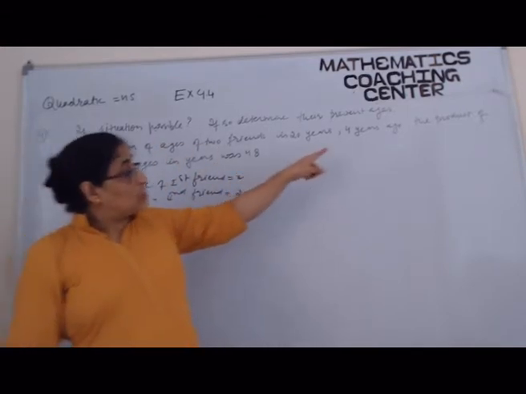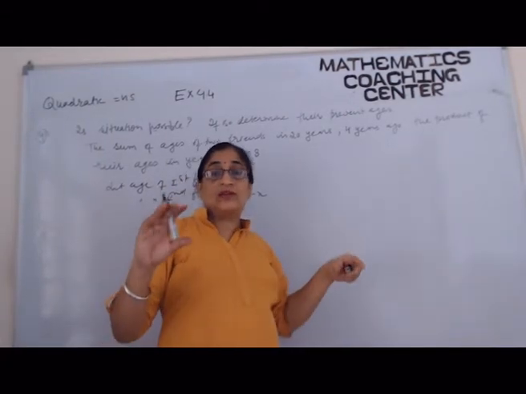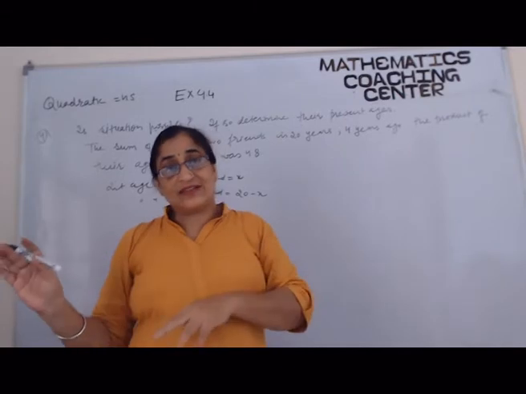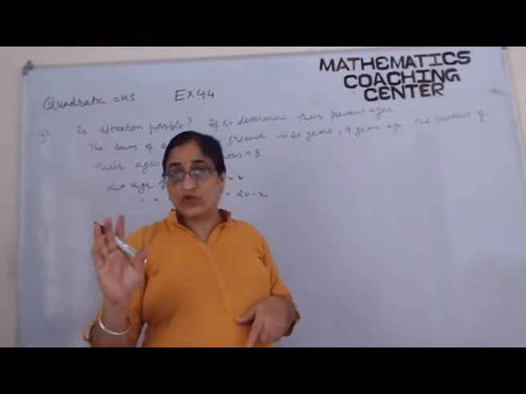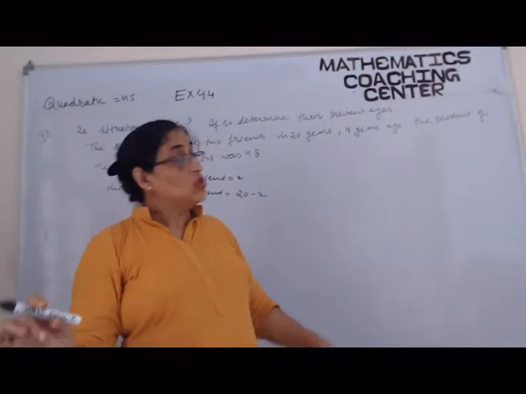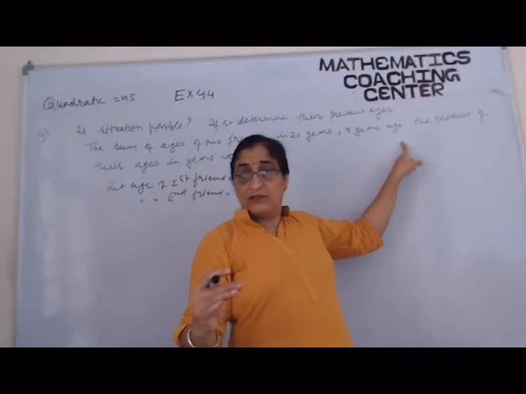Now next part is 4 years ago. 4 years ago means suppose that your present age is 15 years, then 4 years ago your age was 15 minus 4, that is equal to 11 years. So when the word ago comes, you subtract the number.